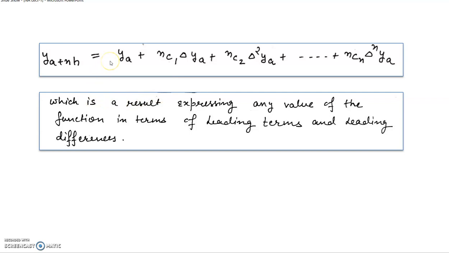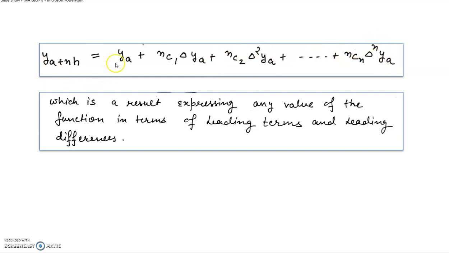What does this result do? This result is expressing any value, meaning y_(a plus nh), here maybe y3, y4 or maybe y5, in terms of leading terms. Leading terms means here we have leading term y_a, delta square y_a, delta raised to power n y_a.